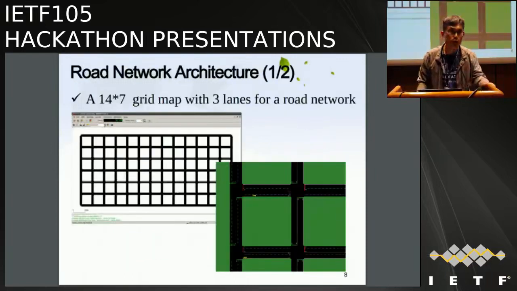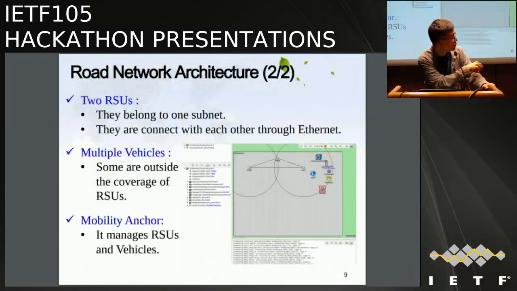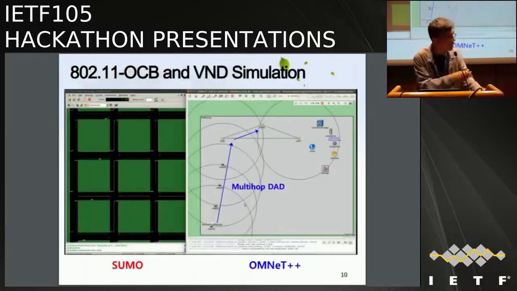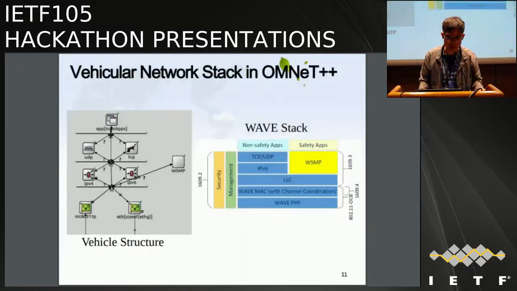So we proved this using simulation. This figure shows the SUMO road traffic simulator, and we also use OMNeT++ as the network simulator. You can see we use a 3-hop multi-hop DAD to reduce the DAD delay, and we can also start the TCP connection quickly. So this is the protocol stack.